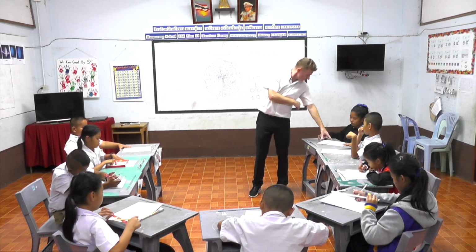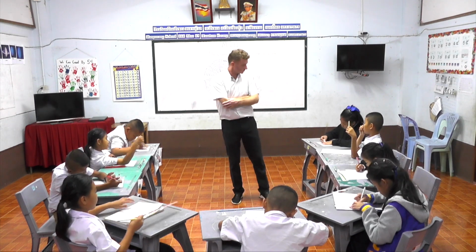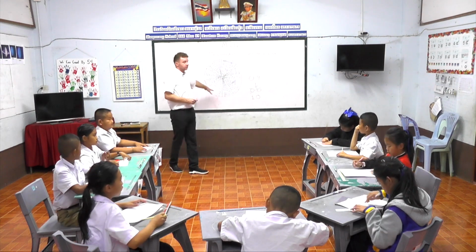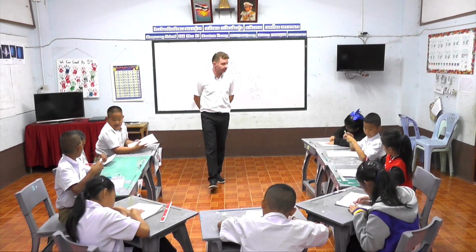The circle needs to be in 10 parts. Your circles need to be in 10 parts, guys. That's what I explained earlier. How many parts to the circle? 10. So no need to rush. Better to be correct than be quick.